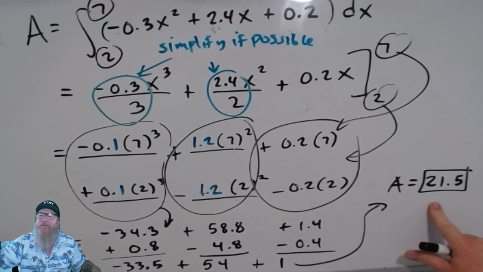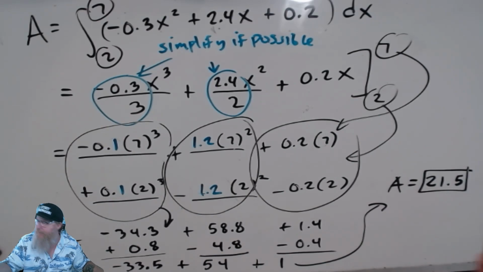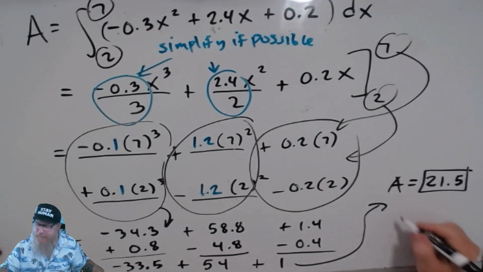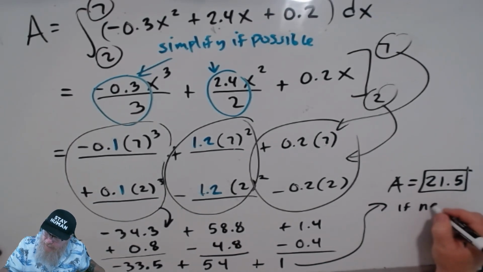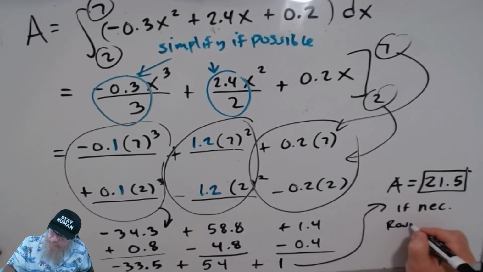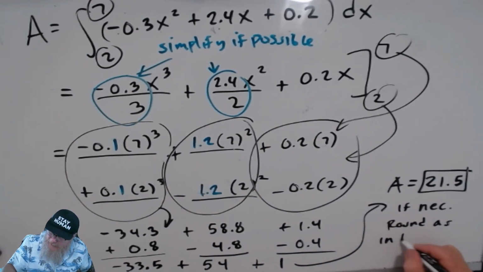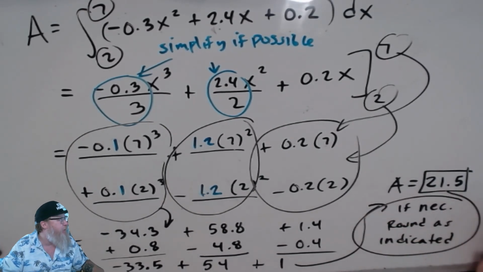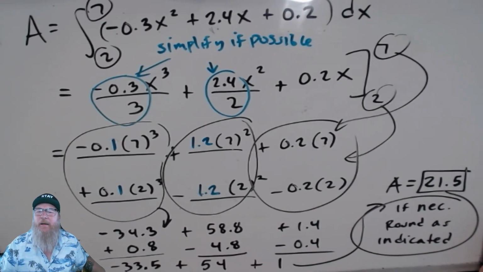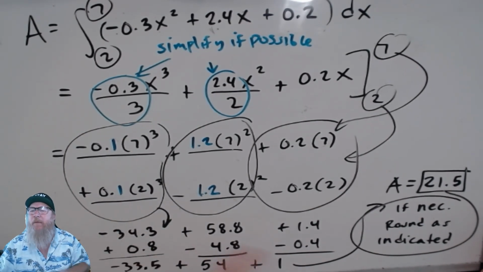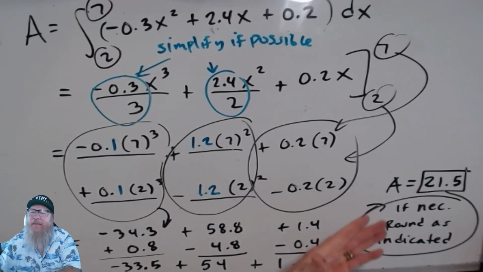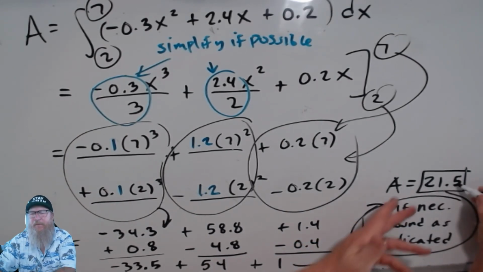I didn't even have to approximate, but just in case, if necessary, round as indicated. I should probably just say that for all my decimal approximation problems. Sometimes I say 10th. In this case, I didn't need to round.